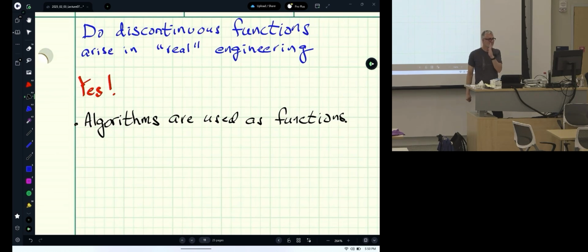That's a switch. And switches are discontinuous, okay?